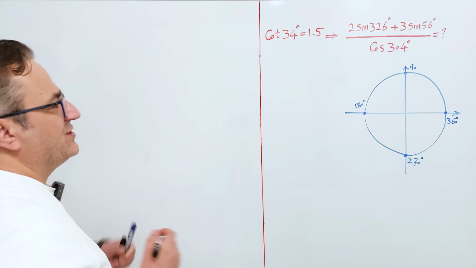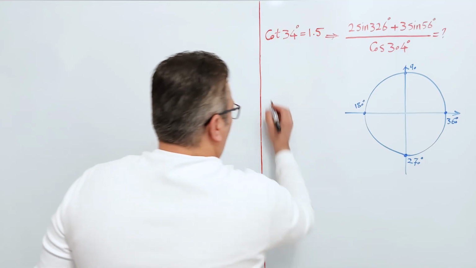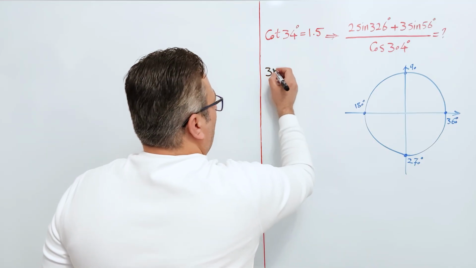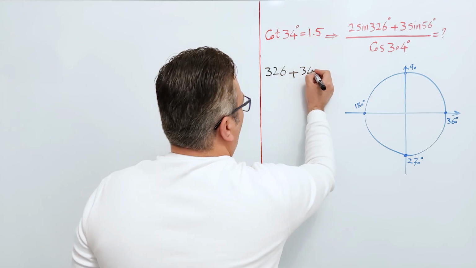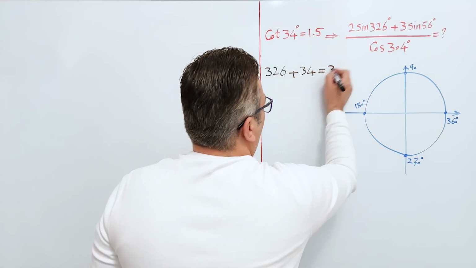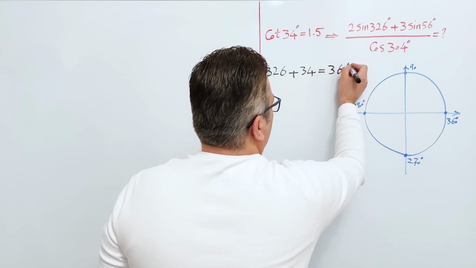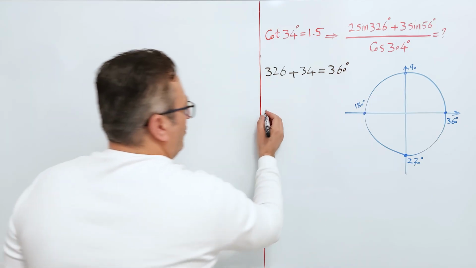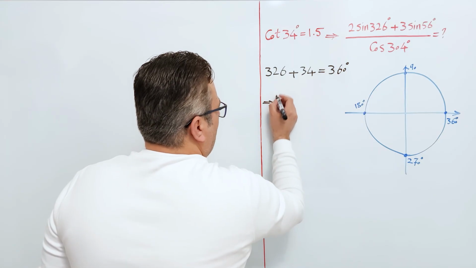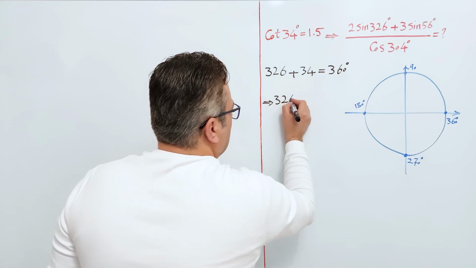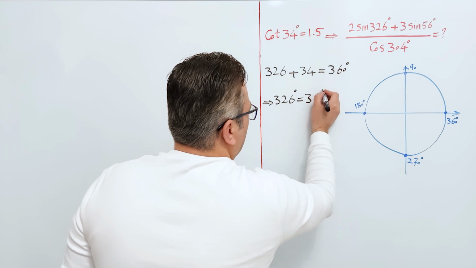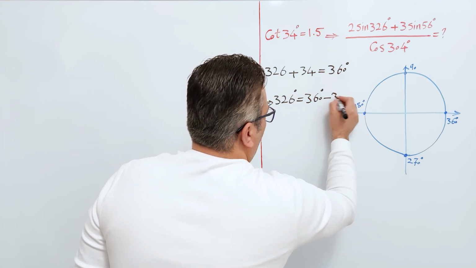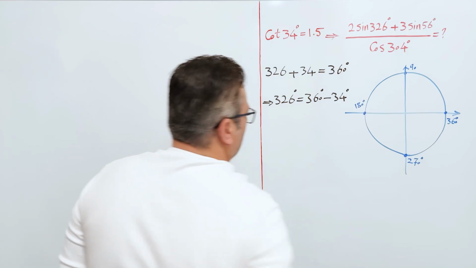Okay, so we know that 326 plus 34 degrees is equal to 360 degrees. So we can say 326 degrees is equal to 360 degrees minus 34 degrees.